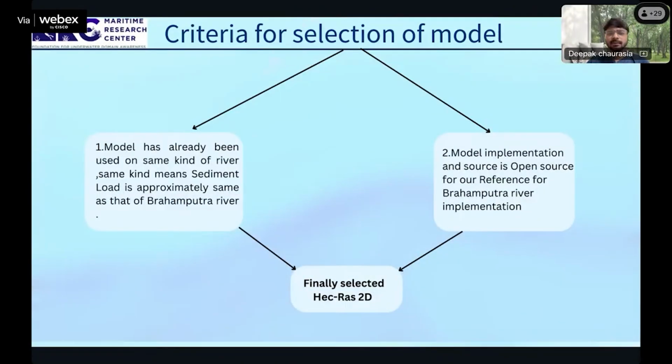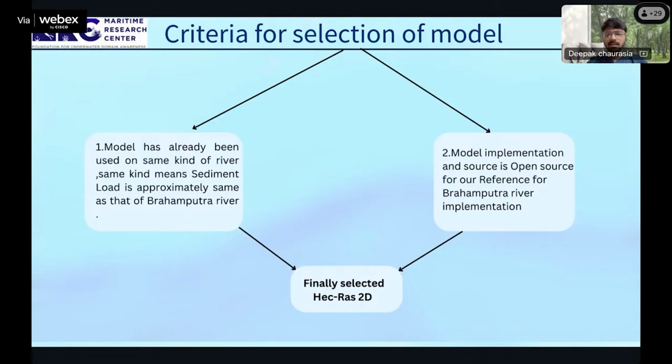First of all, for the criteria of model selection for the Brahmaputra case, I have basically kept two things in mind. First, the model that we select should have a sediment amount or bed load equivalent to the Brahmaputra, roughly 200, 300 or 400.